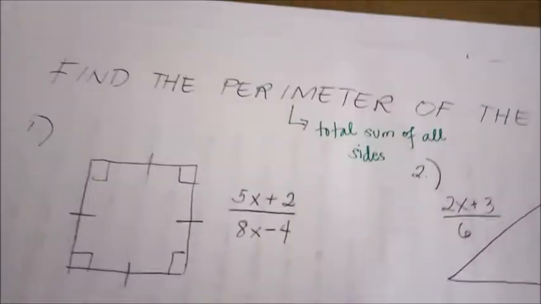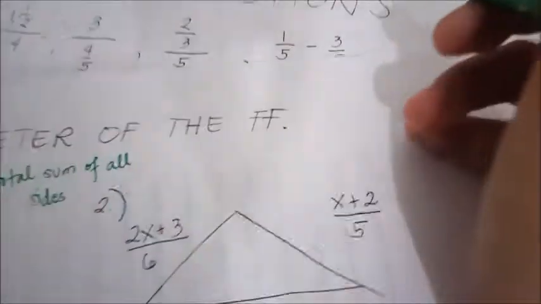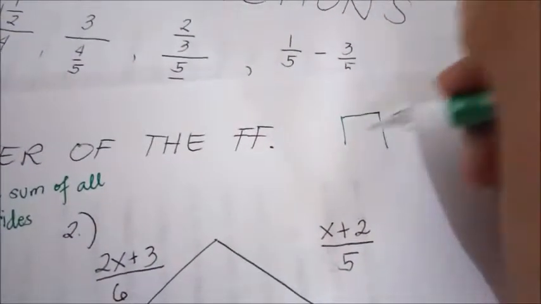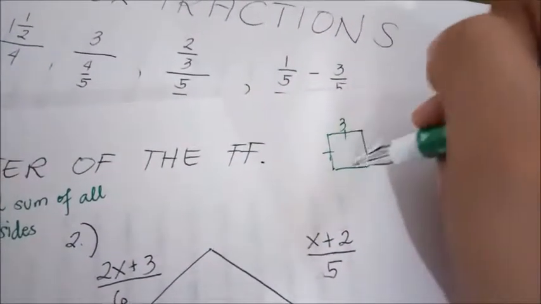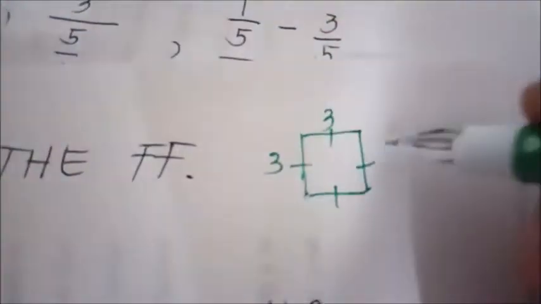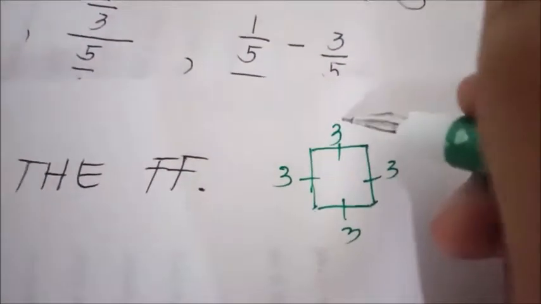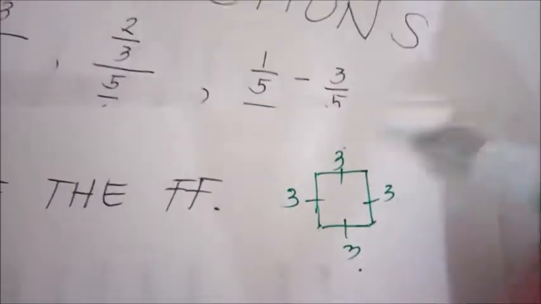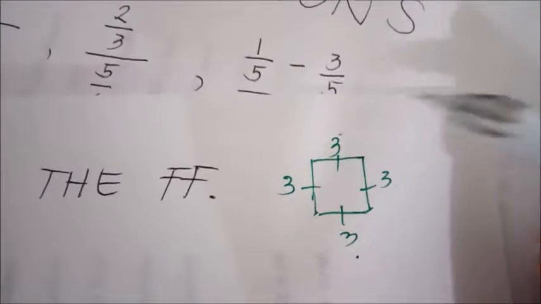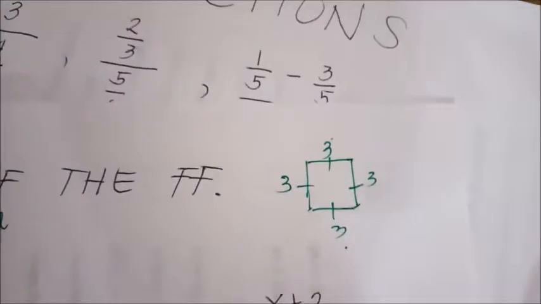Okay? So, kung halimbawa, ang given mo is a square, kunyari, square, with a side of 3, at may markings siyang ganyan, ibig sabihin, the sides will all be 3 as well. So, 3 plus 3 plus 3 plus 3, the final answer will be, if your answer is 12, then you're correct.